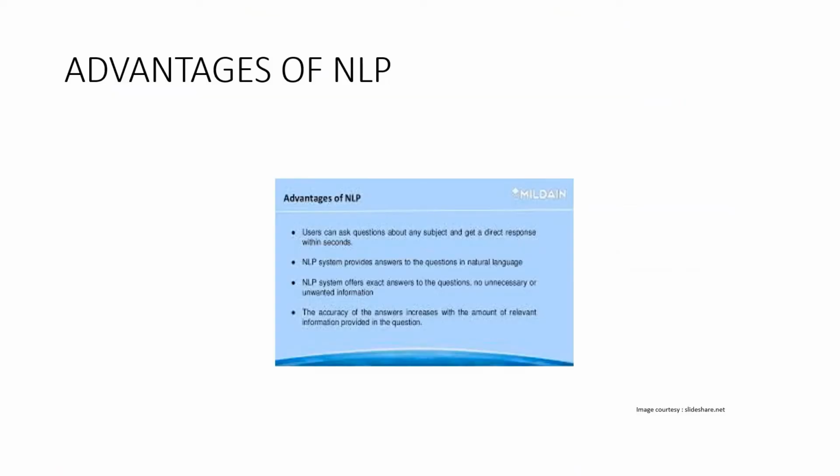NLP offers exact answers to questions, meaning it does not offer unnecessary and unwanted information. NLP helps computers to communicate with humans in their languages. NLP helps users to ask questions about any subject and get a direct response within seconds. These are all the advantages.